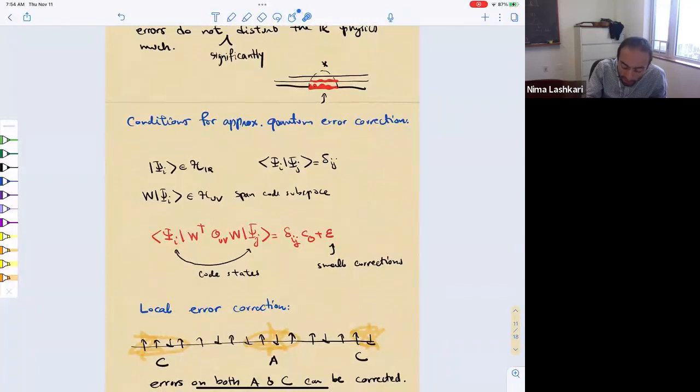So let's say you pick a bunch of states psi i in the Hilbert space H_IR. We're going to pick these states to provide an orthonormal basis, and this encoding map embeds this system, these IR states, in the UV Hilbert space. So the embedding of it becomes the code subspace. Now we're working with a code subspace.